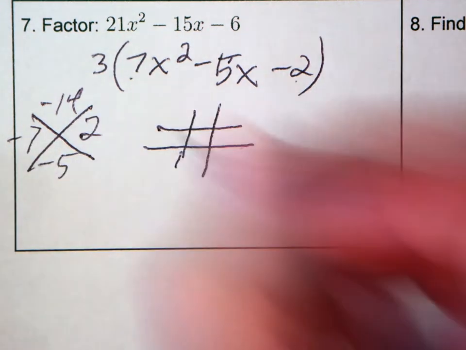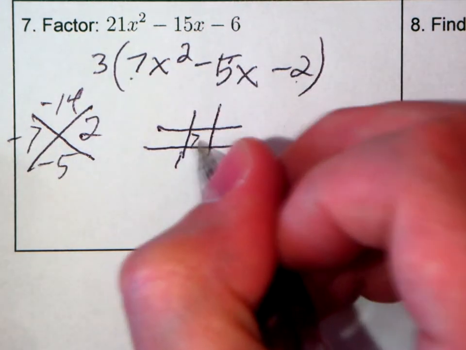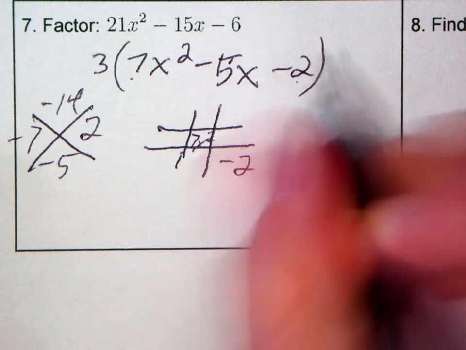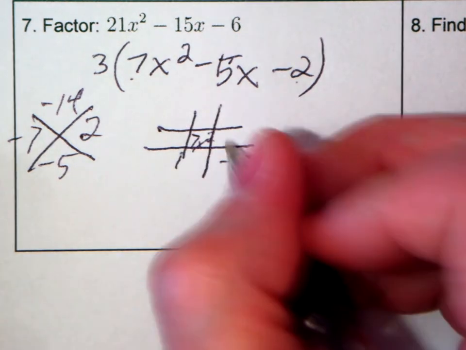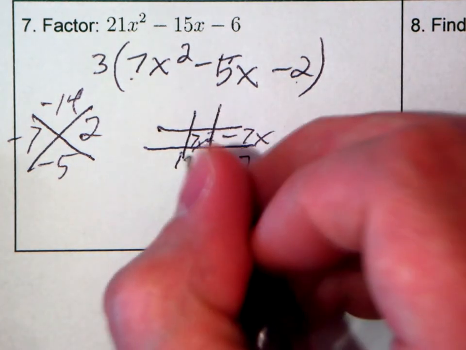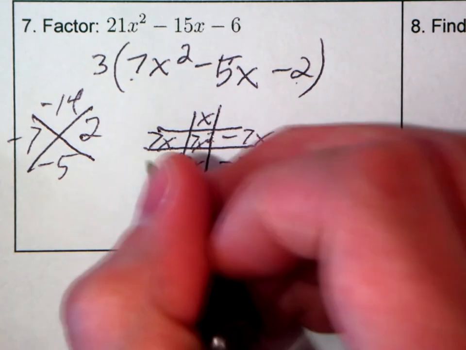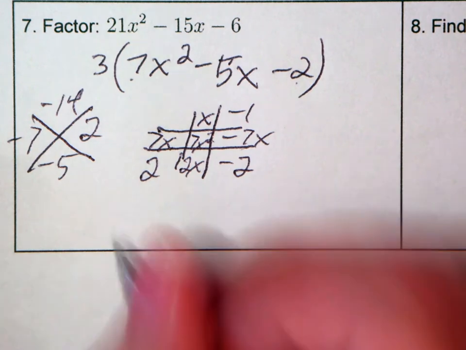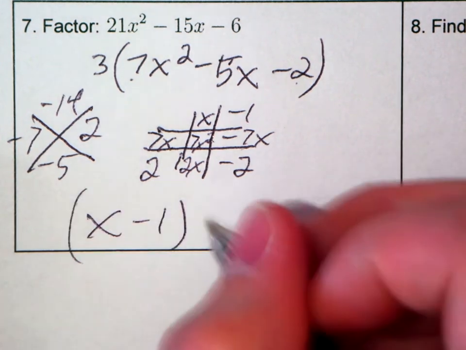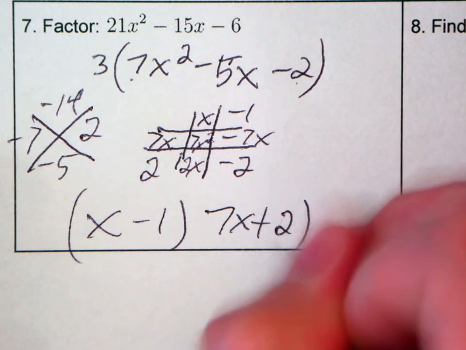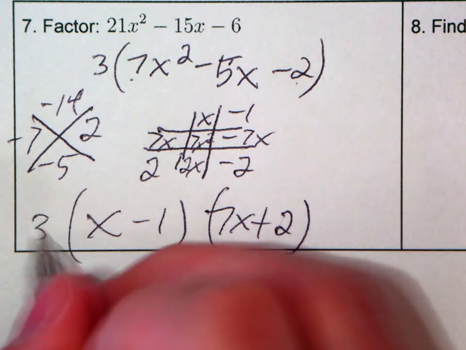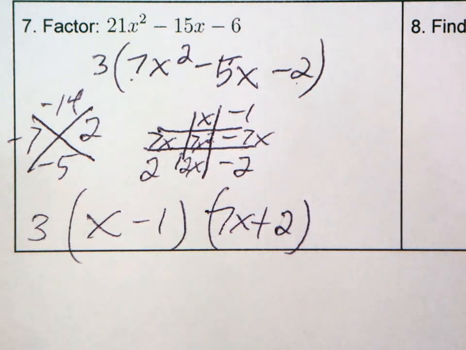So this is negative 7 and positive 2. I'm going to take my 7x squared and my negative 2 from my factored version, put a negative 7x and a positive 2x. So 7x and x, 2 and negative 1. And my factors are x minus 1 times 7x plus 2. And remember, we can put that 3 right here, which carries down from factoring it out earlier.